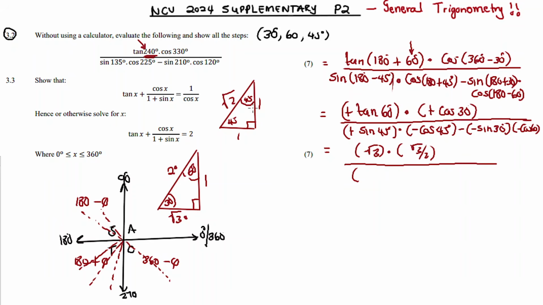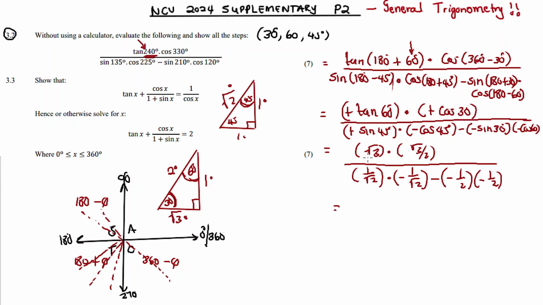This is 45 sine, it's opposite over hypotenuse, so it's 1 over the square root of 2 multiplied by minus cos 45. Here's 45 once again, adjacent over the hypotenuse, it's 1 over the square root of 2 minus negative sine 30 degrees. Sine 30, it's opposite over hypotenuse, so it's a half minus cos 60 degrees, this is 60 degrees adjacent over hypotenuse, so it's another half.